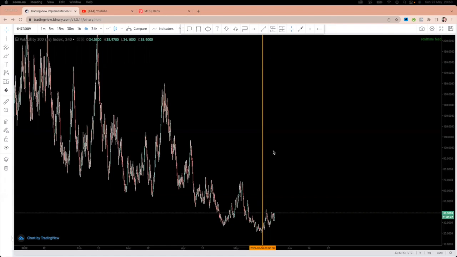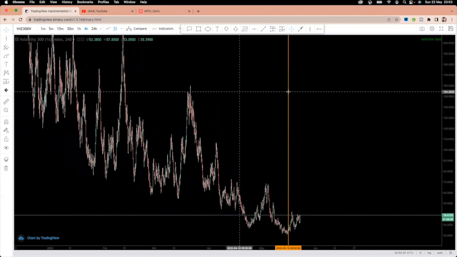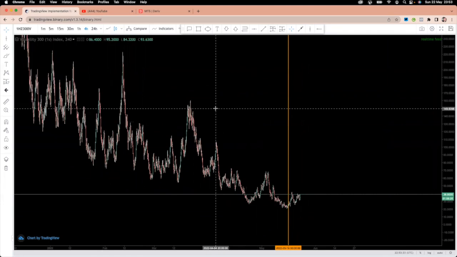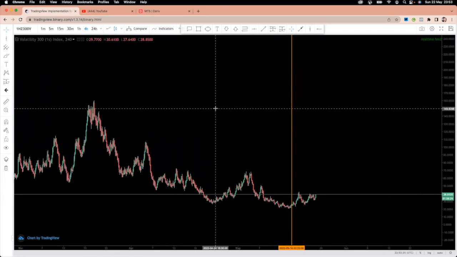Okay, so guys, I'm gonna show you price action that happened last week, and how you could really capitalize on the moves that the market makes. Okay, so we are on the chart of VIX 30 1s. As you guys can see here, remember guys, I always start from the higher time frame to see the direction where the market is going. When you look at this with your naked eye, you can really see that this market is actually going down.